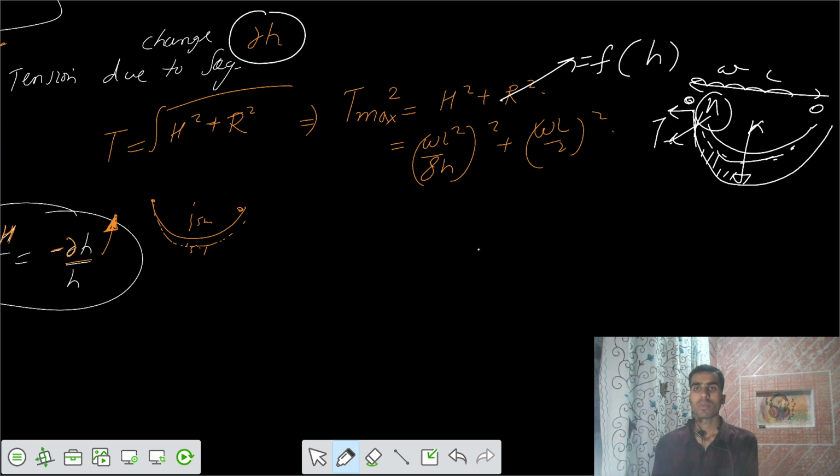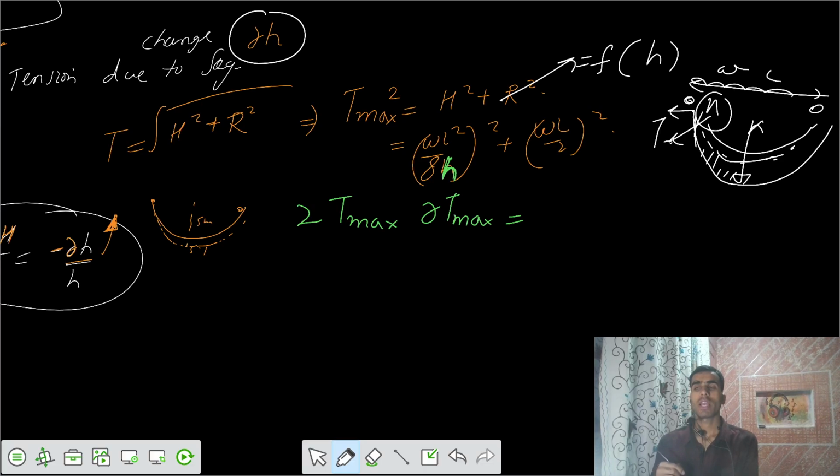So we say because of the sag, your T max is a function of h only. If I differentiate it, I would say 2 times T max dou T max. Capital H is a function of that sag only.